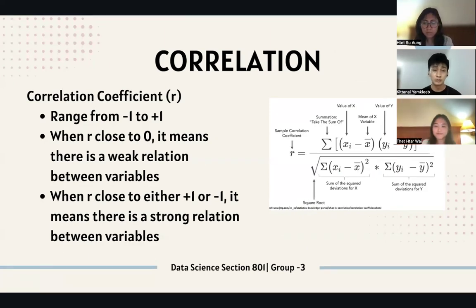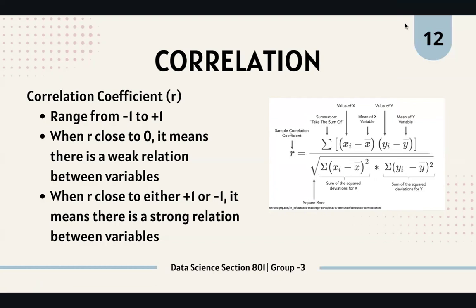It is the result of the summation of the value of x minus the mean of the x variable, where x is variable number 1, multiplied by the value of y minus the mean of the y variable, which is variable number 2.